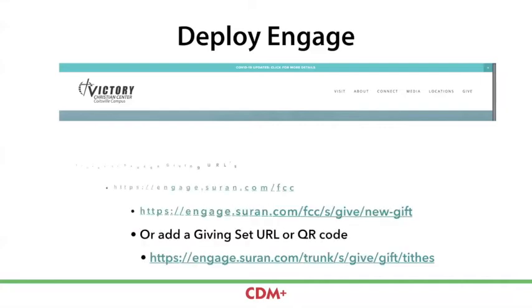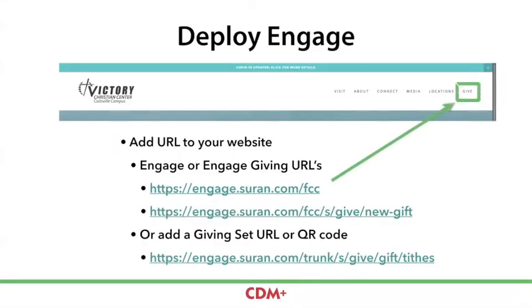In the deploy step, you're going to take either the Engage Giving URL or the new gift URL or one of your specific giving sets. Or you might want to put all of your specific giving sets and this new gift URL for giving on your website.